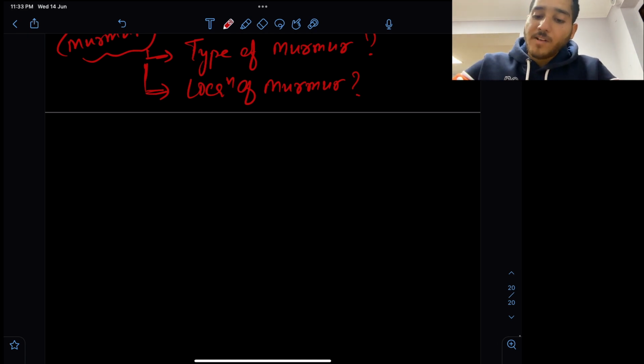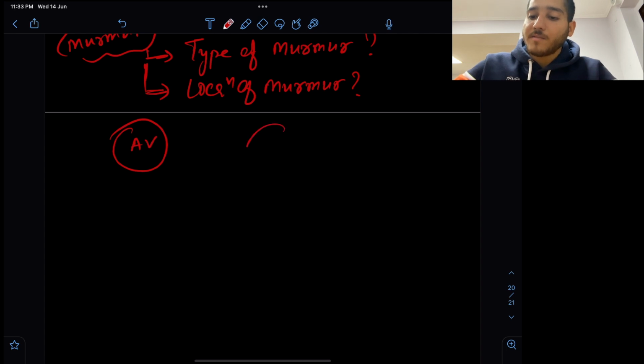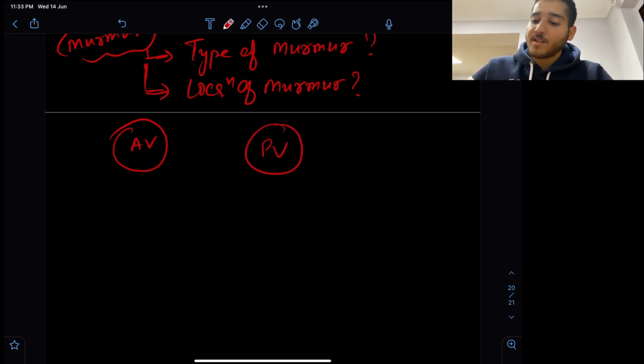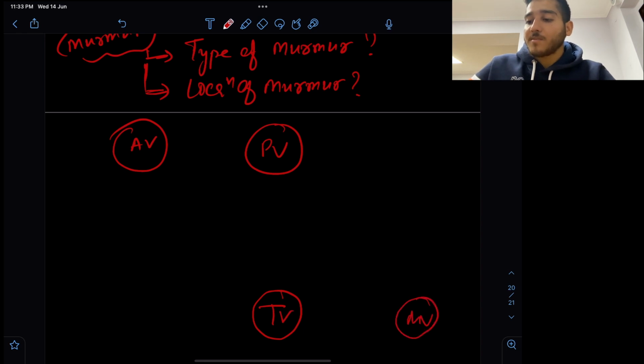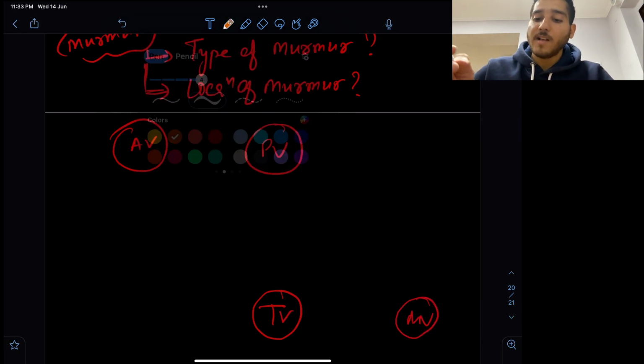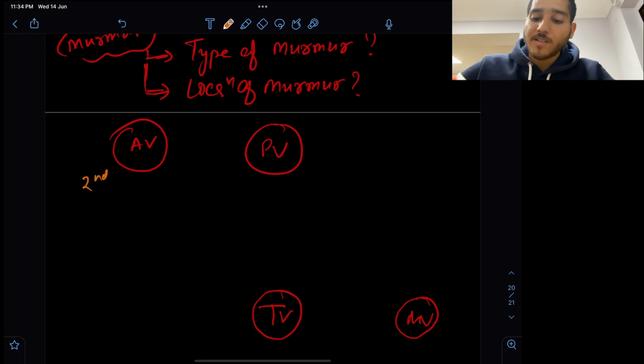Normally we don't know the location of the different valves: aortic valve, pulmonary valve, tricuspid valve, and mitral valve. Normally we auscultate at these places, right? The location of the aortic valve is the second intercostal right parasternal line.